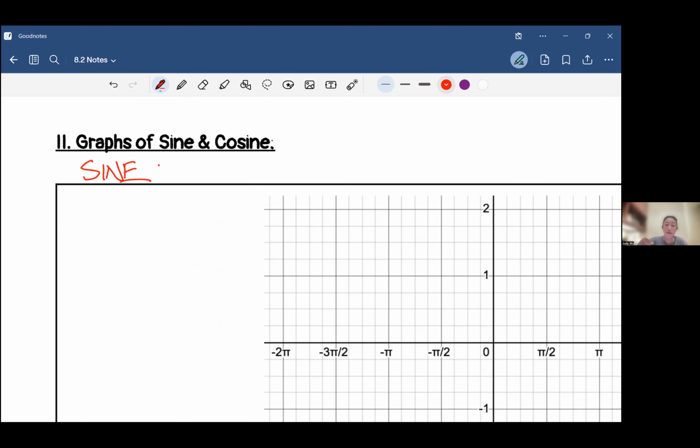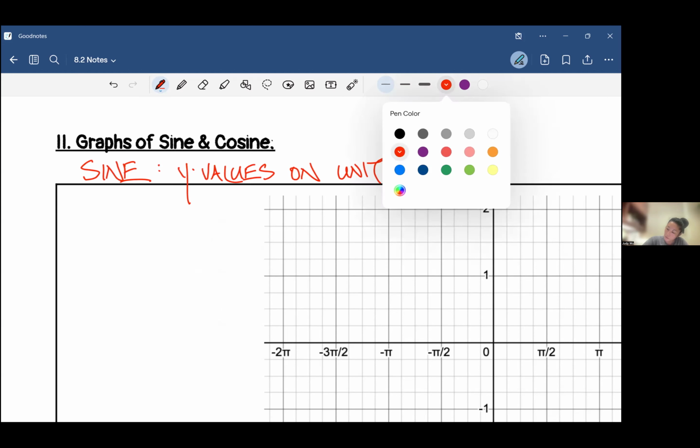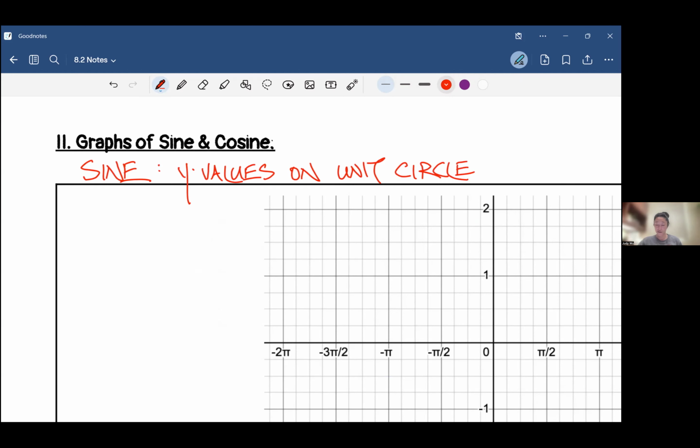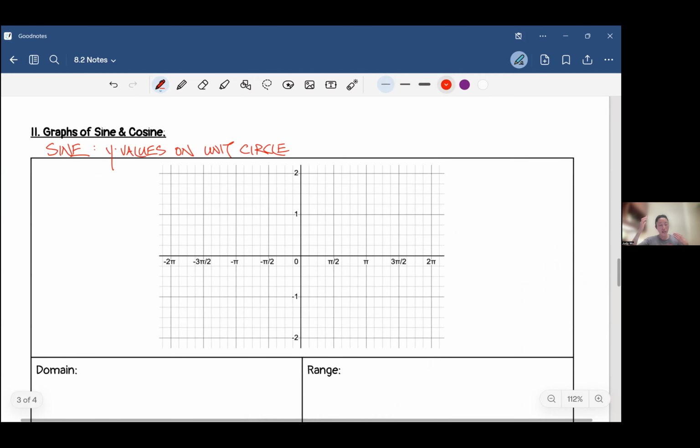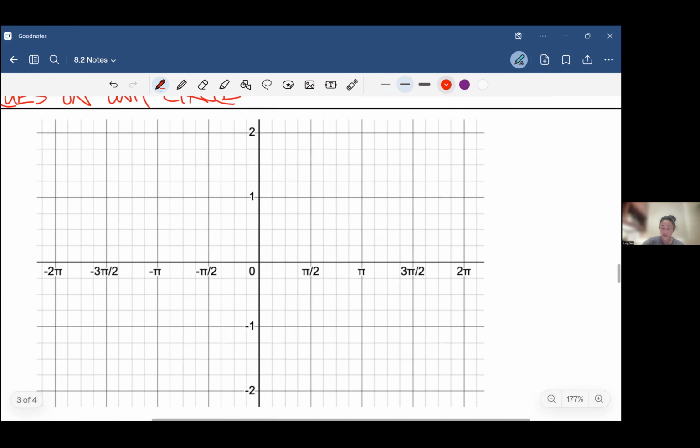Okay, so keep in mind that sine from before are the y values on the unit circle. Okay, so sine is the y values on the unit circle. And if we go through and start at angle 0 and count all of the y values as we go through, we'll see that at 0 degrees, the y value is 0.